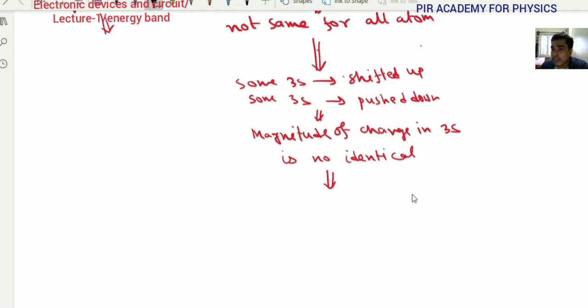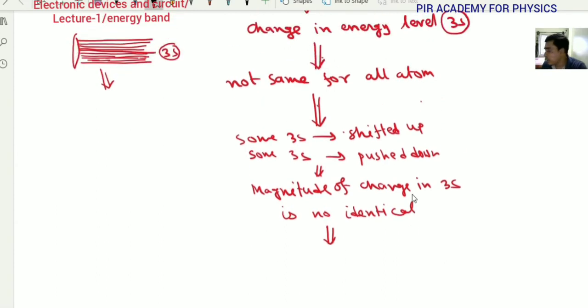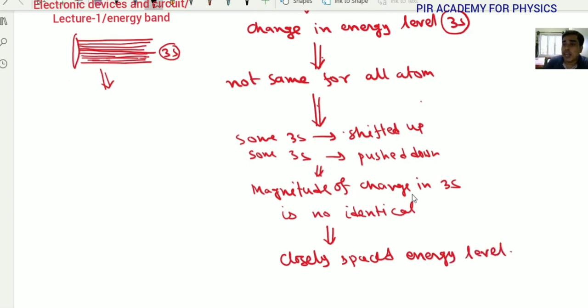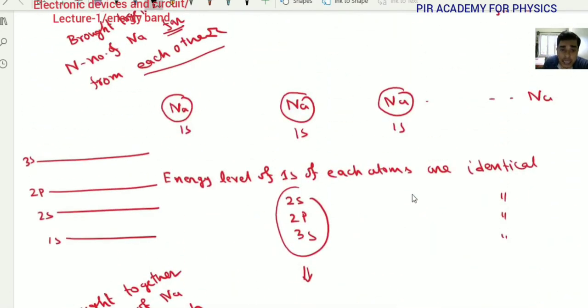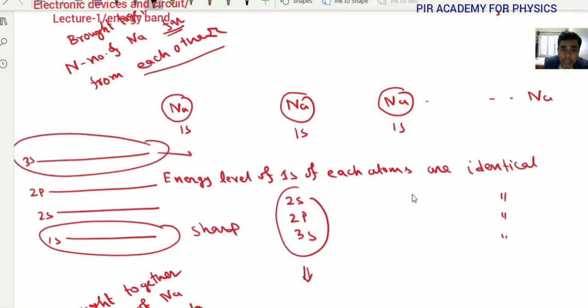Here you see that for this region, there is a closely spaced energy level. You already know that this 3s energy level is sharp.